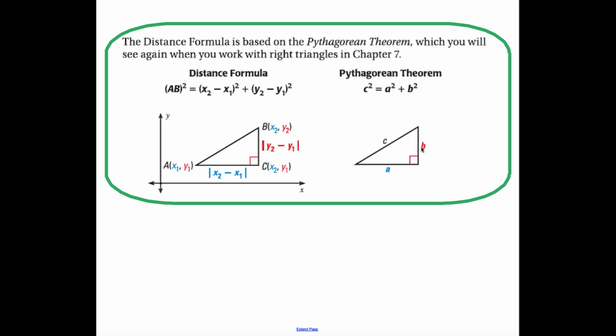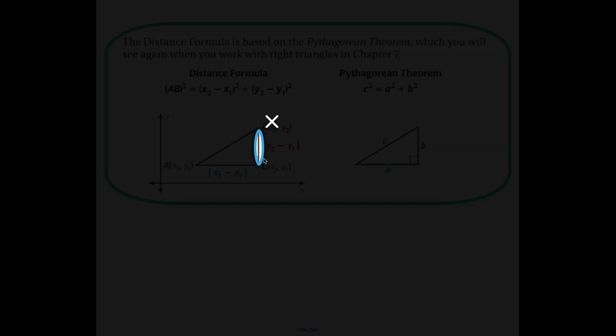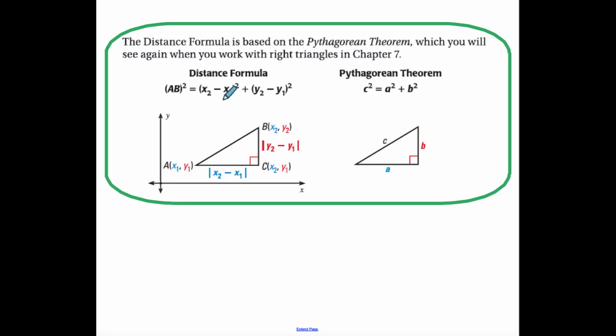For right triangles, a squared plus b squared equals c squared. All we're doing is saying that a is horizontal, so it's the difference between the x's, and b is a vertical segment, so it's just the distance between the y's. And so that's where that formula comes from. x minus x is like your a squared, y minus y is like your b squared.